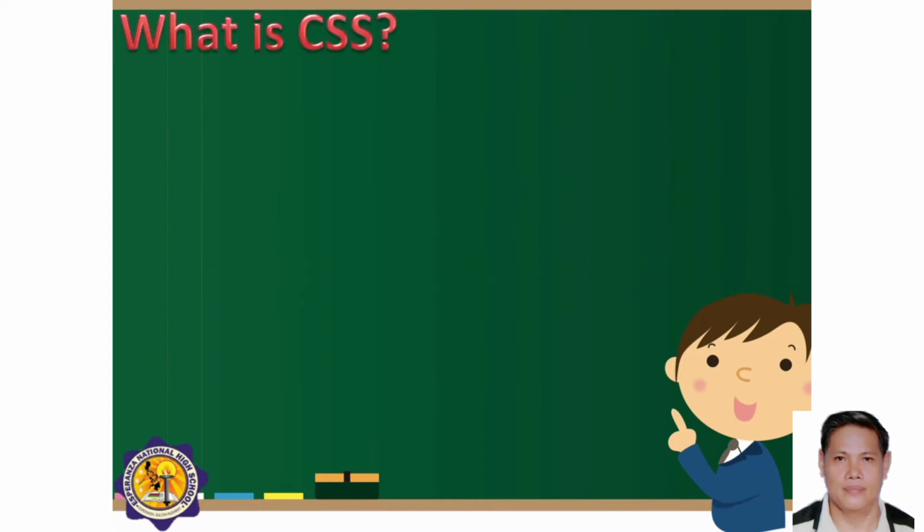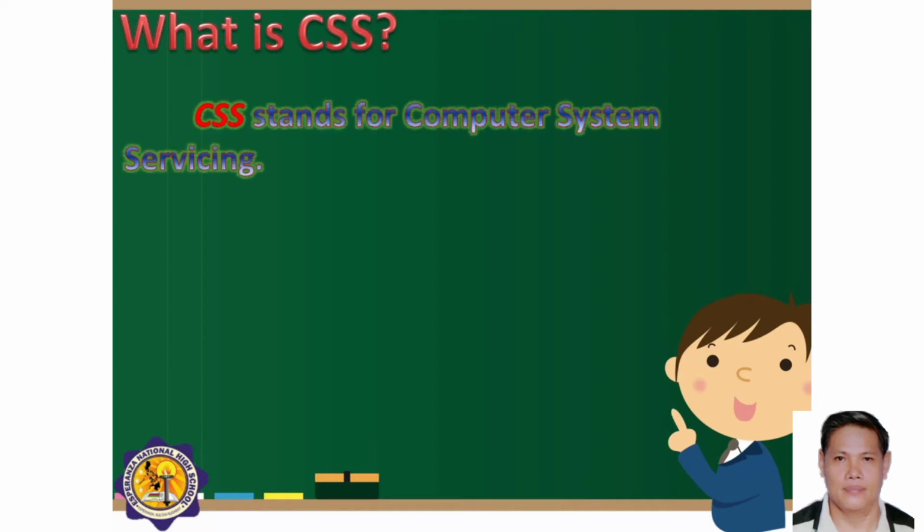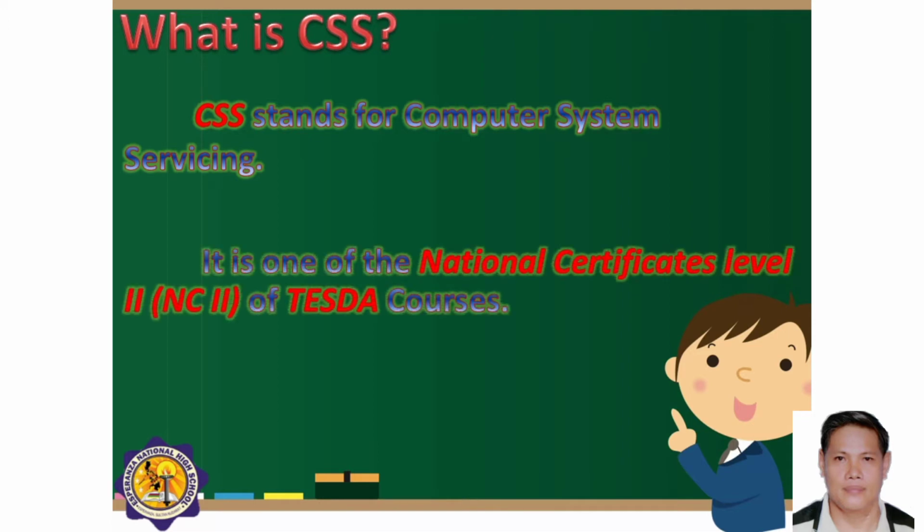So, what is CSS? CSS is a short term, or the acronym, which stands for Computer System Servicing. It is one of the national level certificates, which is labeled as Level 2 or NC2 of TESDA courses.